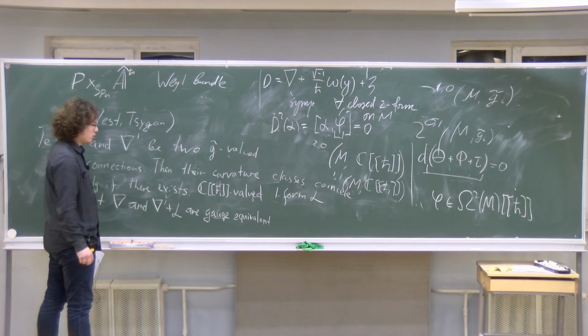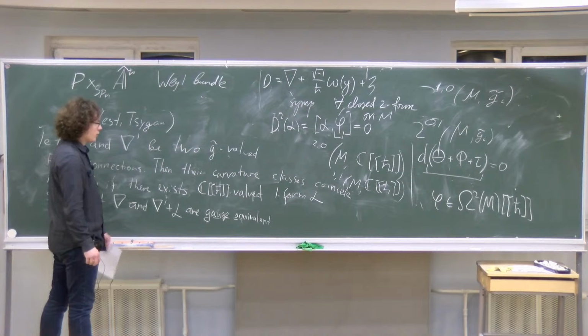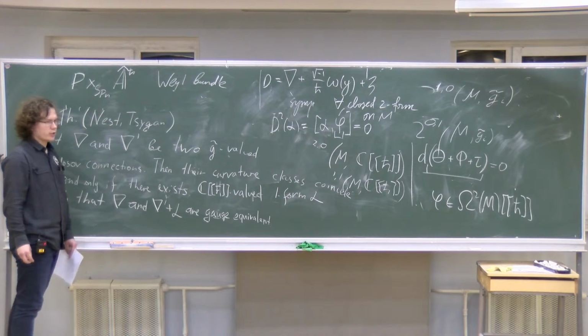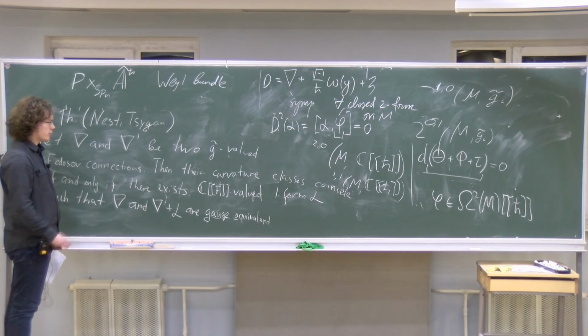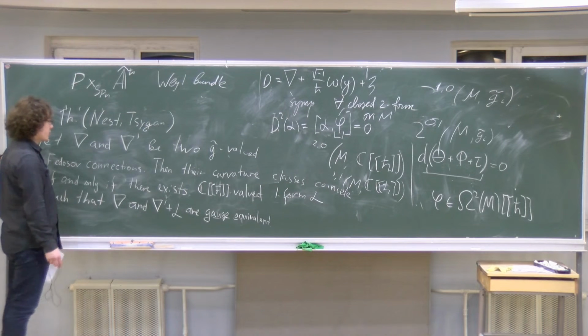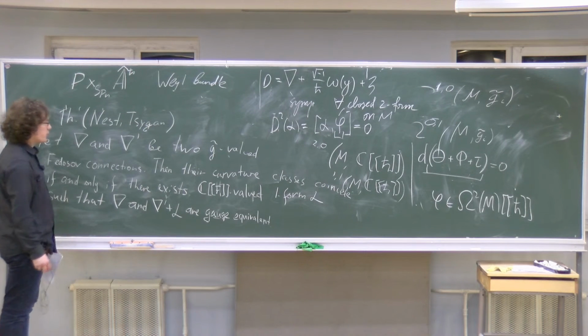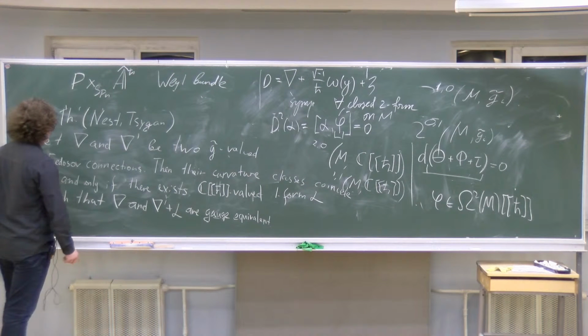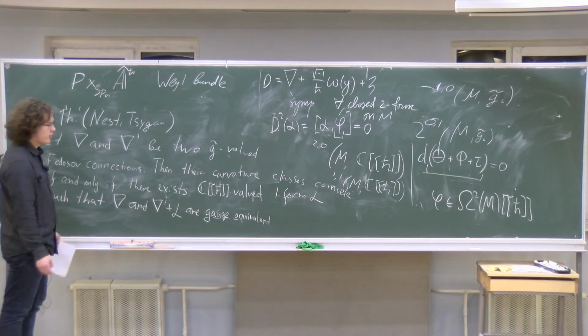Yes. So if you add this alpha, the curvature will not change, because it is also closed. Right, and the curvature will change by its differential. So if it's closed, then the curvature will not change at all.